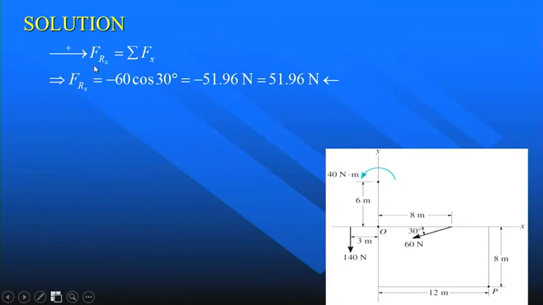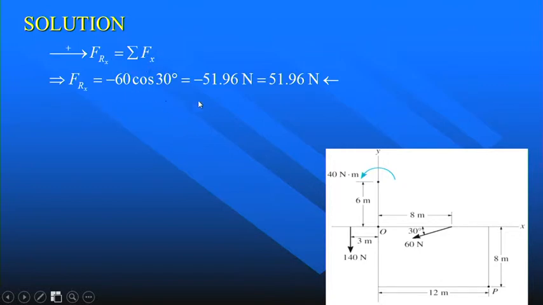Fr can be represented by its two projections onto x and onto y, respectively. First we calculate the projection of Fr onto the x-axis, which is equal to sigma Fx.